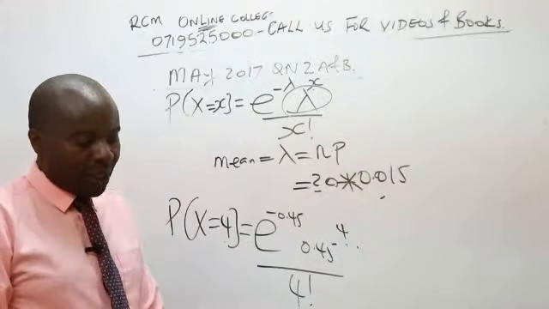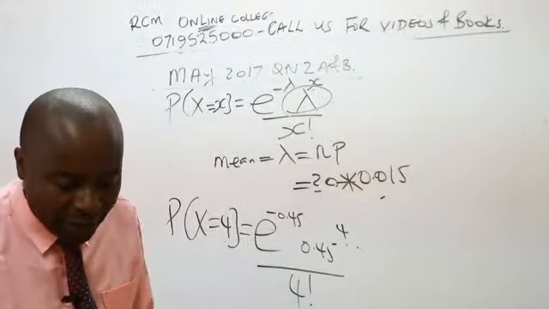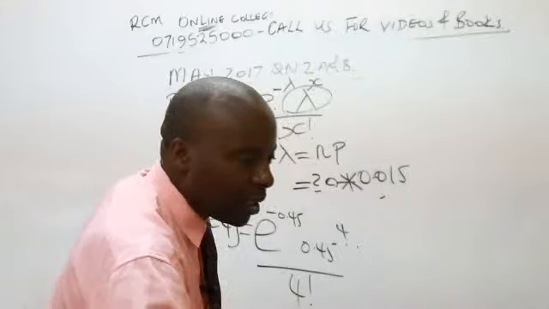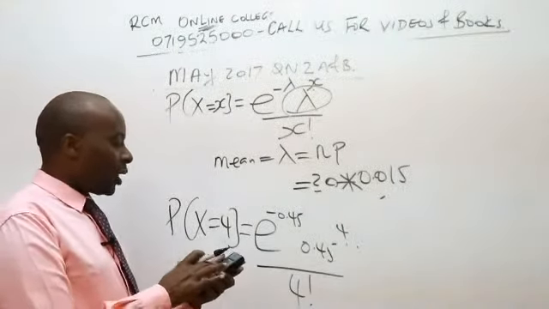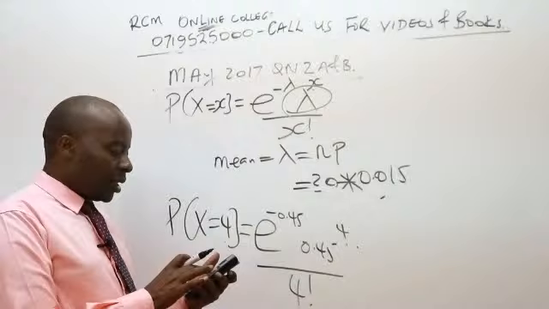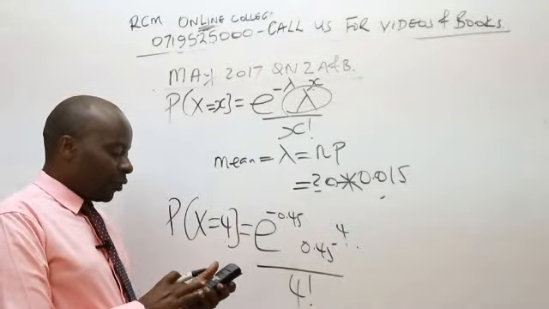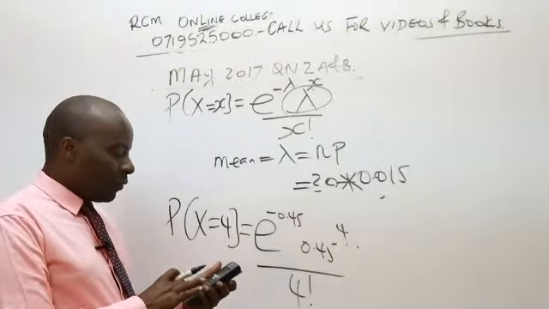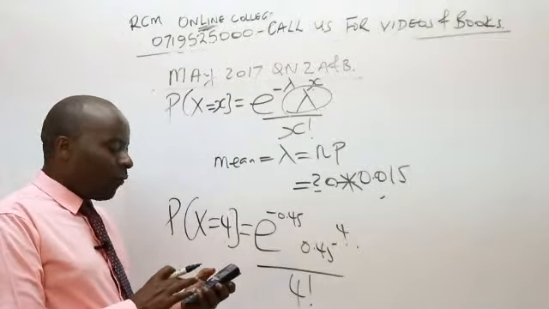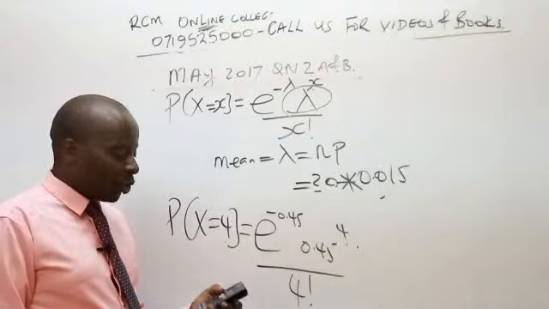Then what you need, ladies and gentlemen, right away is your calculator. e raised to minus 0.45 times 0.45 raised to power 4, divided by 4 factorial. I hope you are able to remember where the factorial is.